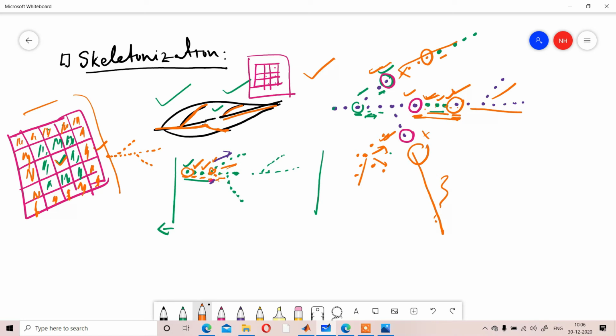So what you will see, whenever you will run the skeletonization, you will see the structure of the skeleton. Okay, and after running that code you will get your output.